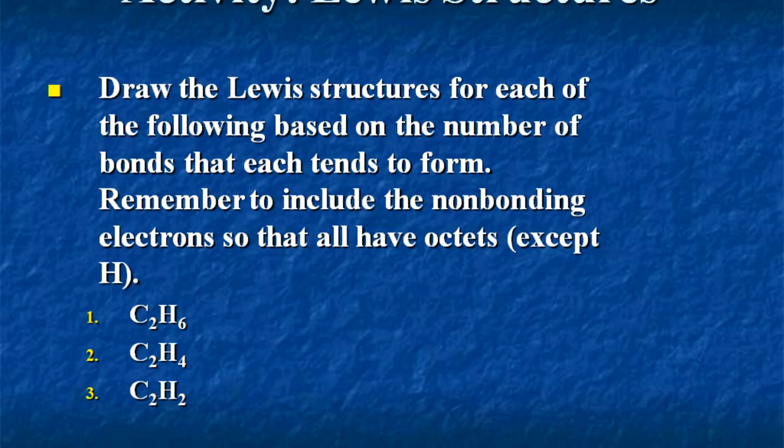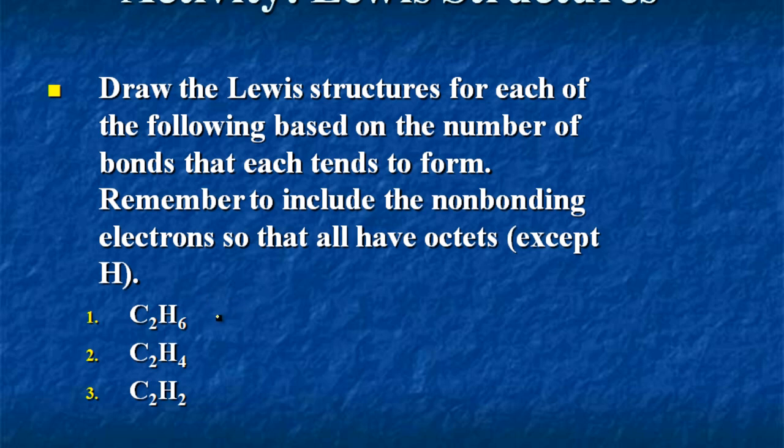Let's practice some more. Draw the Lewis structures for each of the following based on the number of bonds that each tends to form. Remember to include the non-bonding electrons so that all have an octet except hydrogen. When we have two carbons, what did we do? We place both as the central atom, connect the two carbons, and then do the structure. Before that, valence electrons.